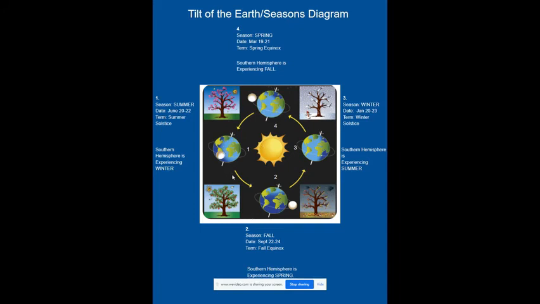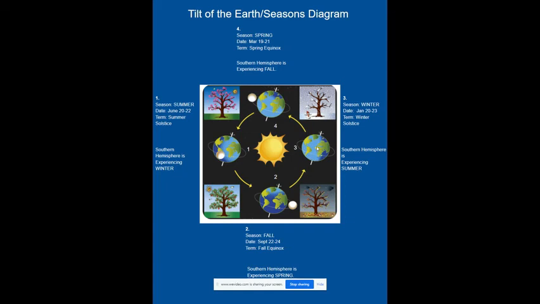As we move into fall, after the summer solstice, the longest day of the year, our days start to become a little bit shorter, a little bit shorter. At the fall equinox, our daylight and nighttime hours are about the same. And then as we move into winter, the days are becoming shorter and shorter until we get to the winter solstice, which is the shortest day of the year in terms of daylight hours.